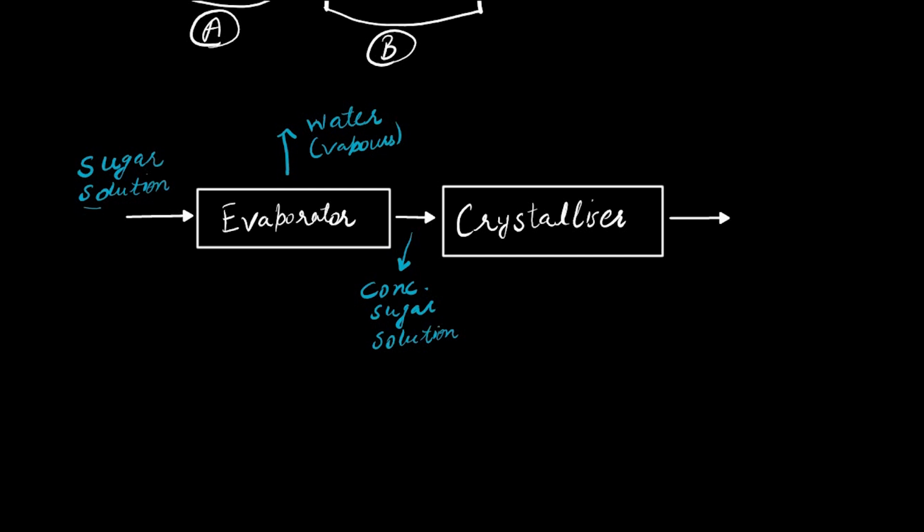At the outlet of the crystallizer, the final product is collected. This is just an example, and some specifications might differ, but it illustrates the flow of the process. The flow is shown by these arrows: sugar solution enters, and finally we have crystallized sugar at the outlet of the crystallizer.